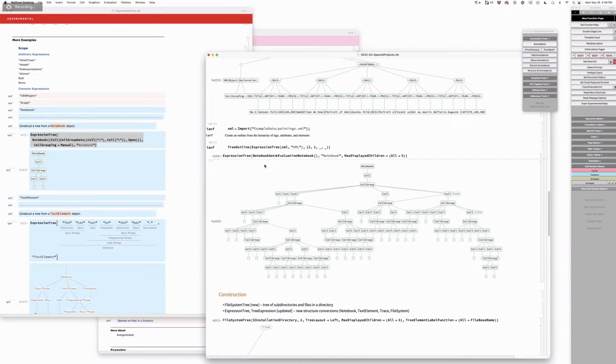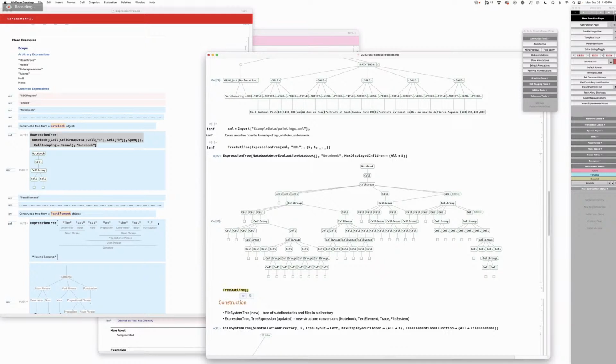This seems like a good start here. I have no sense of whether, if I say tree outline of this, ooh, it is respecting max displayed children, isn't it? No, it needs to.